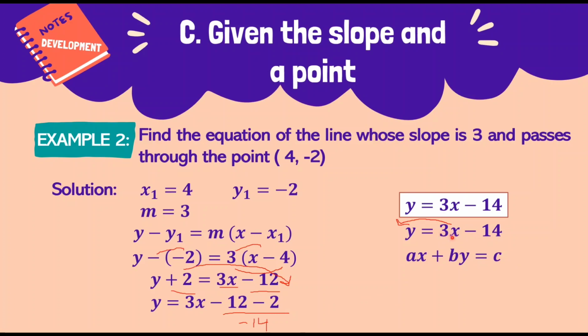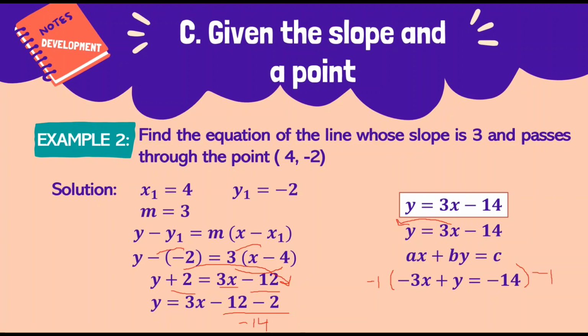So, kapag nilipat natin si 3x to the other side of the equation, it becomes negative 3x plus y is equal to negative 14. So, as you can see, siya ay negative. Kailangan natin siyang i-multiply both sides by negative 1. Ayan. So, both sides natin i-multiply.